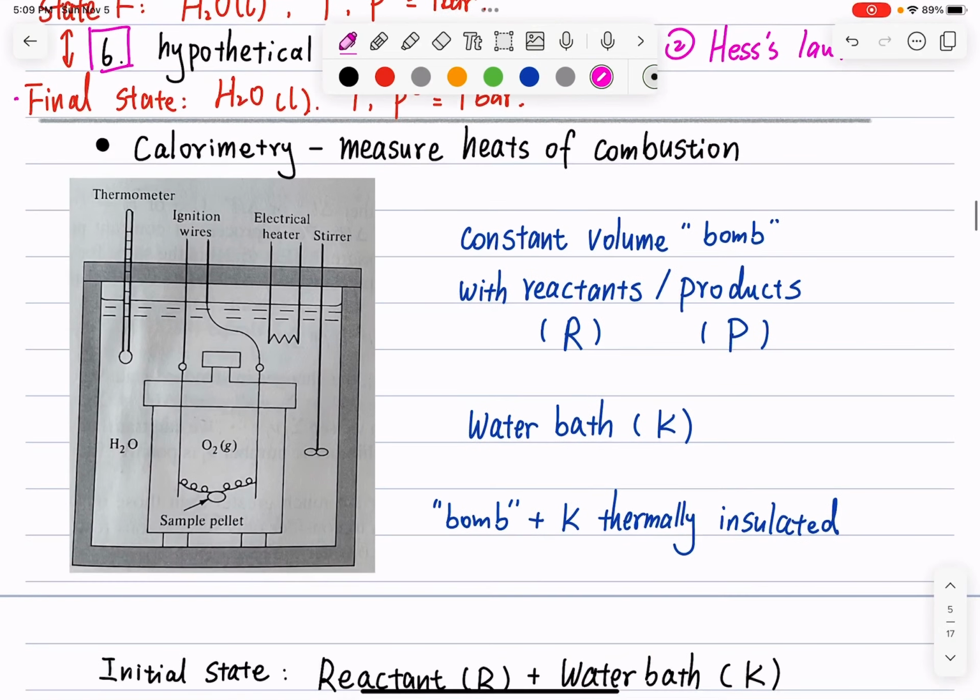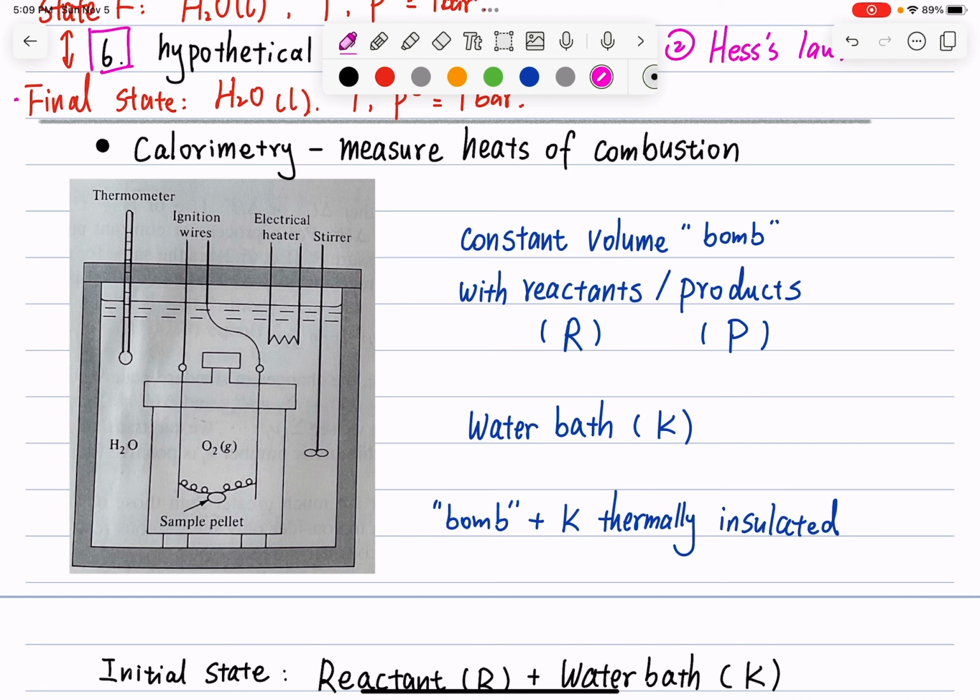All right. Next topic here, the first topic we have is calorimetry, or the measurement of heat of combustion. So here's the setup. Let's just slowly go over this setup.